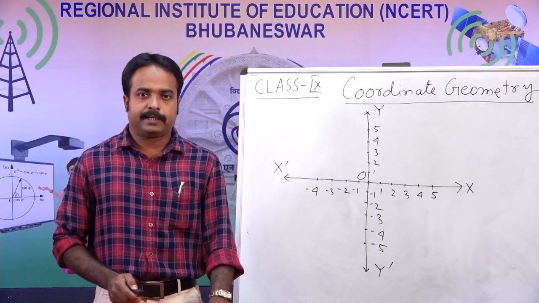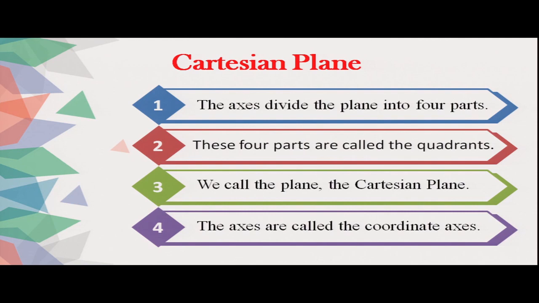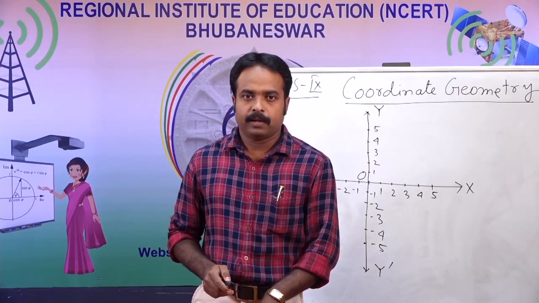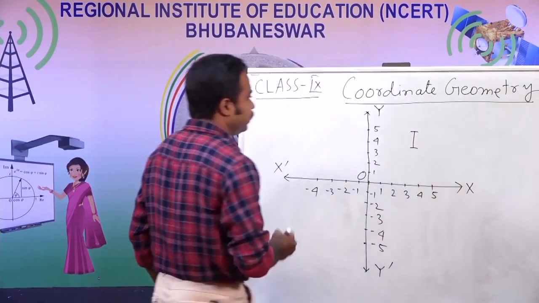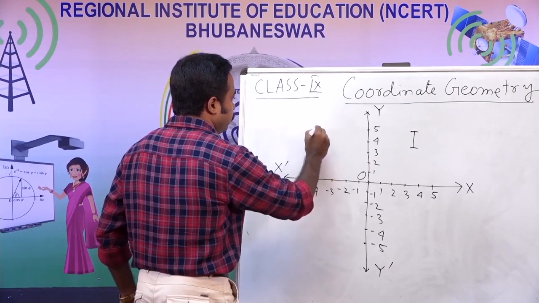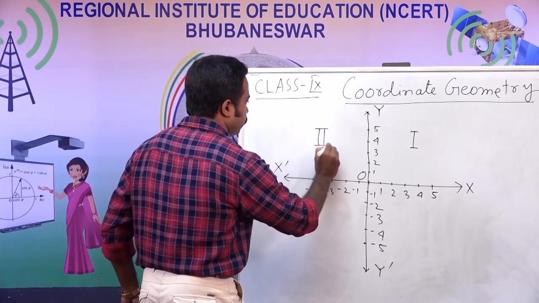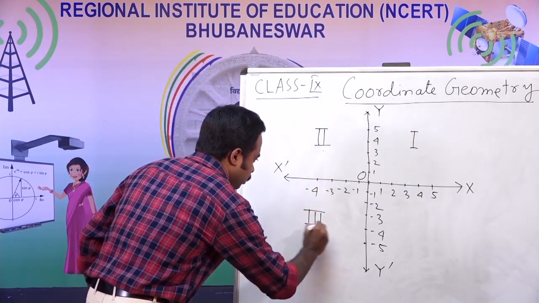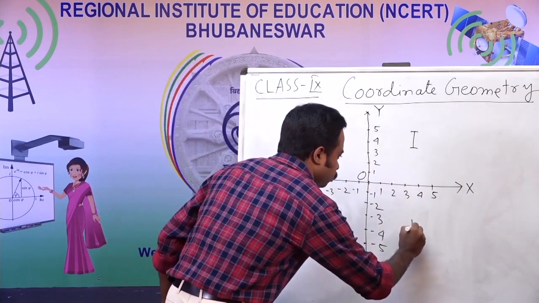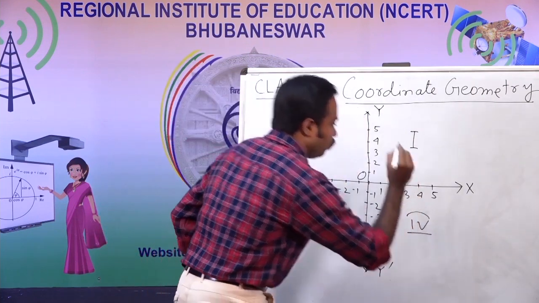You observe that the axes divide the plane into 4 parts. These 4 parts are called the quadrants, and they are numbered 1, 2, 3, 4. So this is the first quadrant, this is the second quadrant, this one is the third quadrant, and this one is the fourth quadrant.